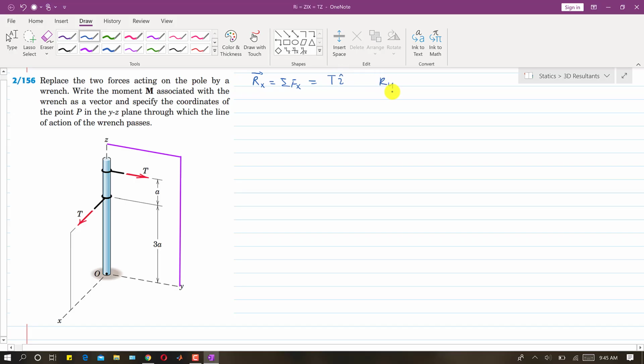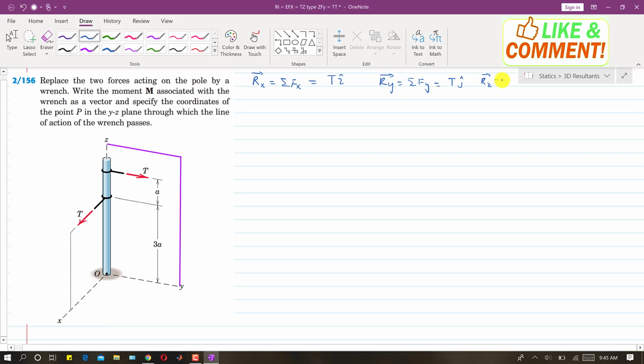Similarly, to find Ry, we will take the summation of all forces along the Y axis. Only this T vector is along the positive Y, so we will write Tj. And since there is no force along the Z axis, the Rz component of the resultant is equal to 0, right?